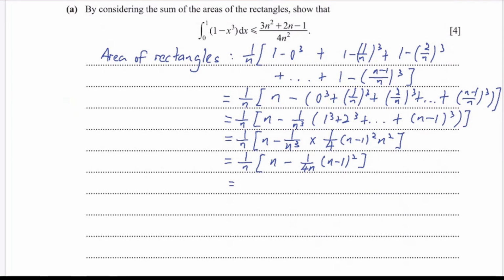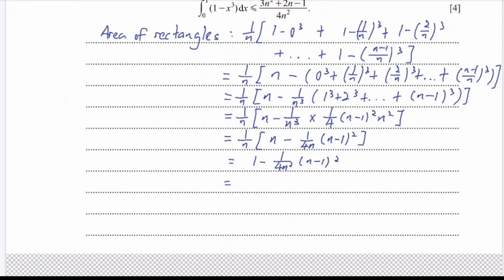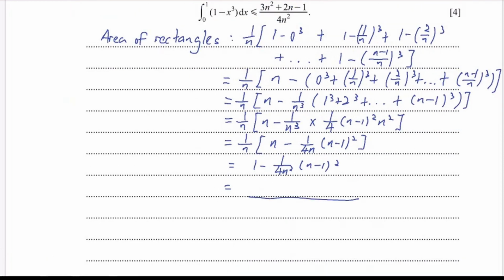It depends how you want to tidy that up. Maybe if we expand, we can make the same denominator of 4n squared, so it becomes 4n squared minus n minus 1 squared.